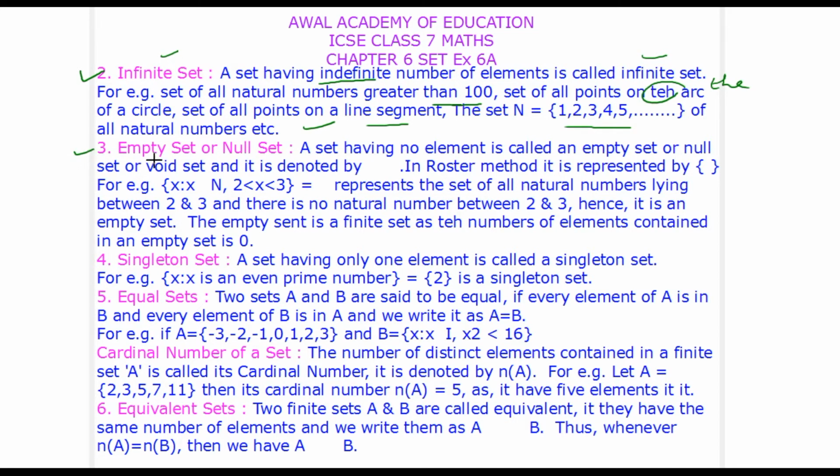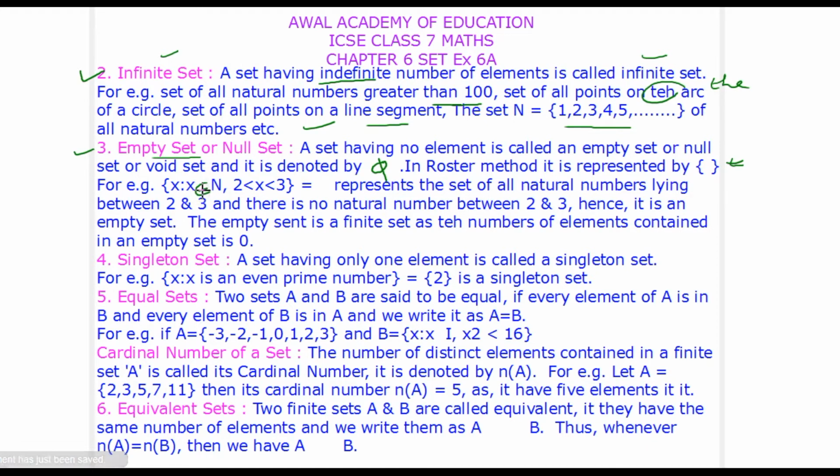Number three is the empty or null set. As its name indicates, there would be no element. The set having no element is called an empty, null or void set, right? It is represented by the symbol φ. We read it as phi. In roster method, blank braces would mean the empty or null set. For example, {x : x belongs to N, and x lies between 2 and 3}.